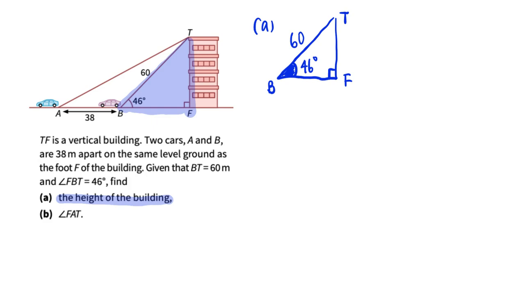And therefore, the TF that we are required to find, with respect to 46 degrees, will be my opposite side. This is my hypotenuse. So given TOA CAH SOH, we could see that OH, we are going to use my sine ratio.